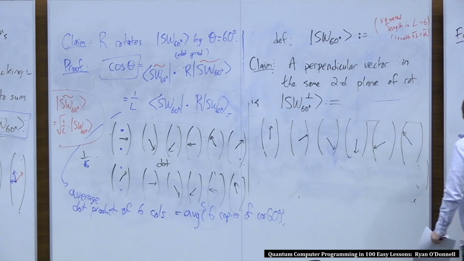We're going to check that this SW perp is a linear combination of some of the rotations of SW.